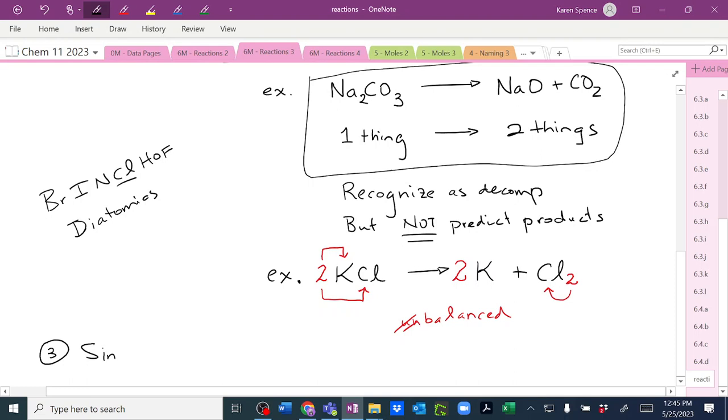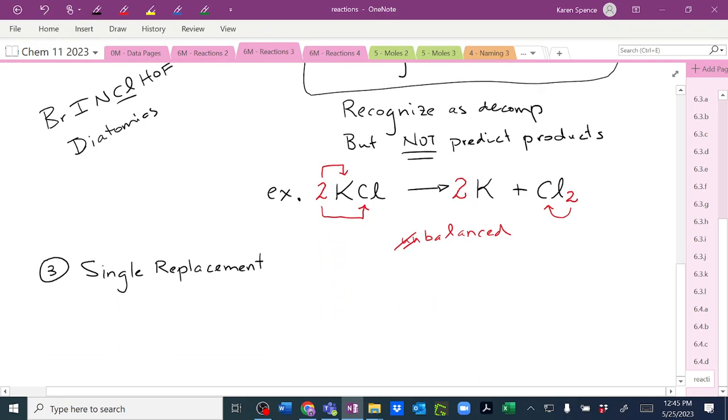Single replacement. Now we actually learned 2 types of single replacement yesterday. So A is single replacement non-metal, whichever way you want, non-metal.